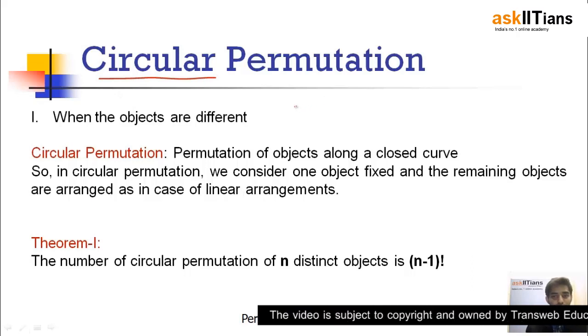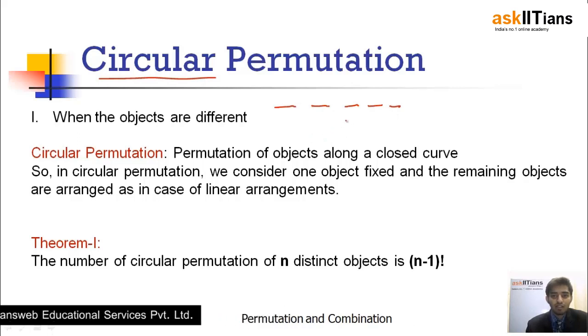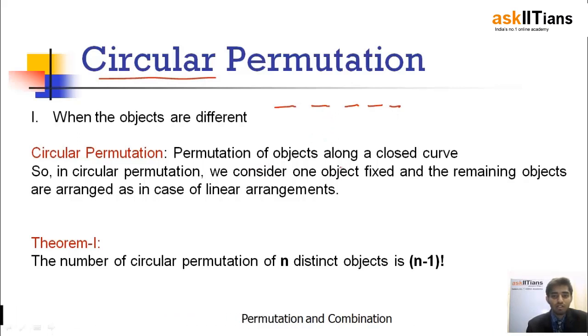So till now we were only talking about linear arrangements of objects in a straight line, but now we will talk about the permutations of objects along a closed curve, or we can say on a circle. So if I want to arrange n different objects on a circle, what I will do is fix one object.